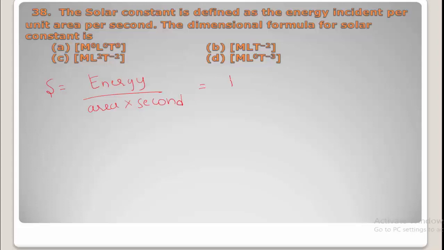Now substitute the dimensions. M L square T raised to minus 2 is the dimension of energy. Area is having L square and second is having the dimension T. Simplify this. L square gets cancelled. So you will get M L raised to 0 T raised to minus 3. Okay. So option D is the right answer.